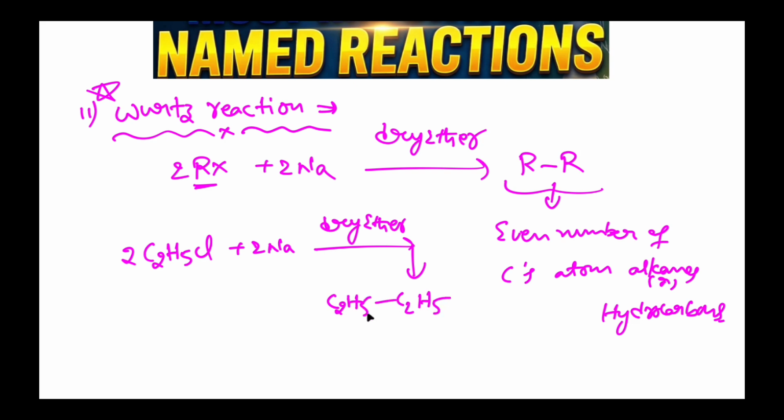Total how many carbons? 4 carbons. This is butane plus 2NaCl. In ethyl chloride, how many carbons are there? 2 carbons. But in the obtained product, 4 carbons. Double the number of carbon atoms of the alkyl halide. Mainly in this method, alkanes with an even number of carbon atoms are formed. That is most important in Wurtz reaction.